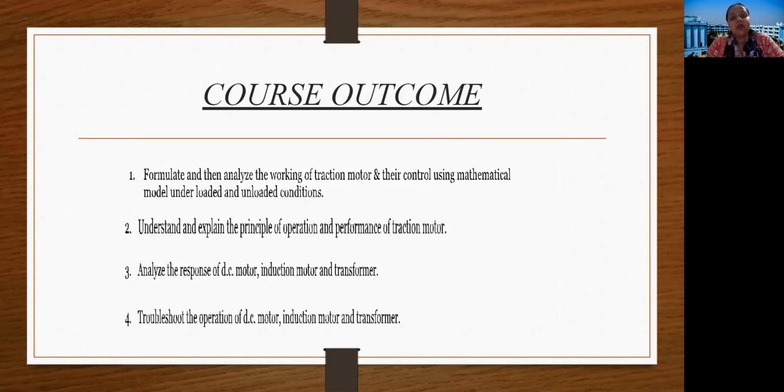Now what is the course outcome? After studying utilization of electric power, what are the outcomes that you should have? These are: formulate and analyze the working of traction motor and their control using mathematical models under loaded and unloaded conditions; understand and explain the principle of operation and performance of traction motor; analyze the response of DC motor, induction motor and transformer; and last but not least, troubleshoot the operation of DC motor, induction motor and transformer.